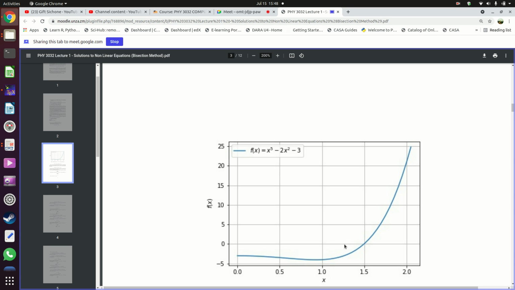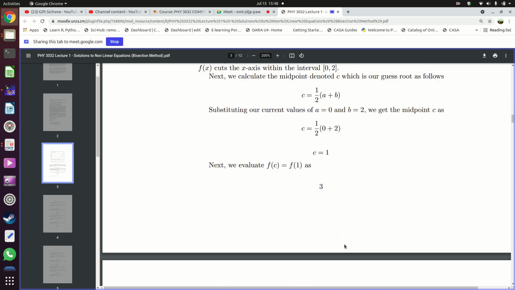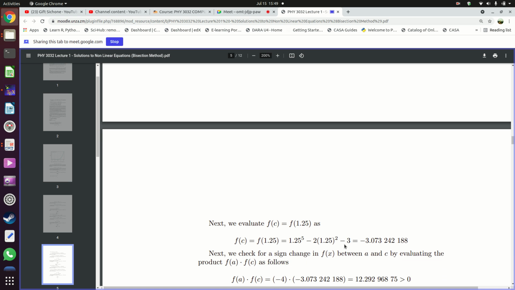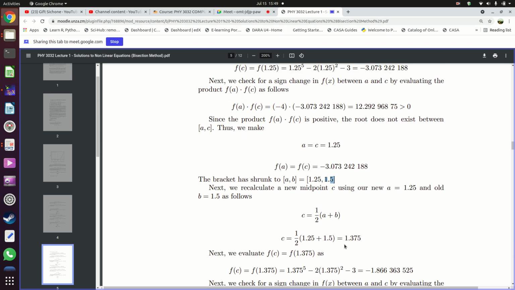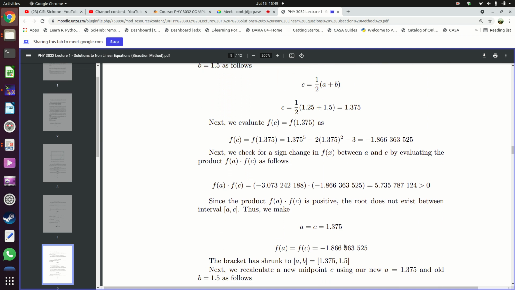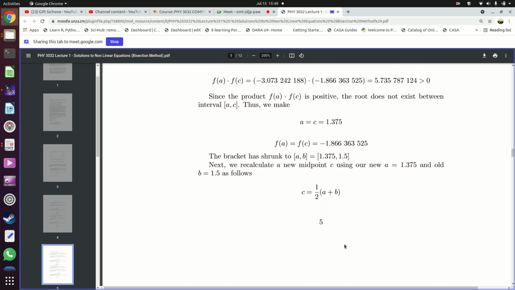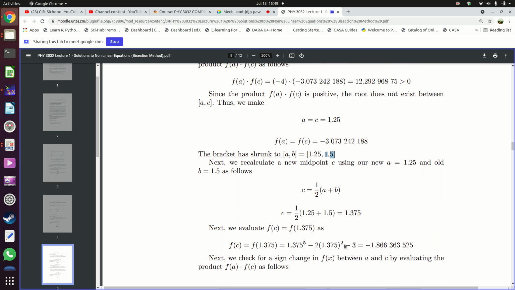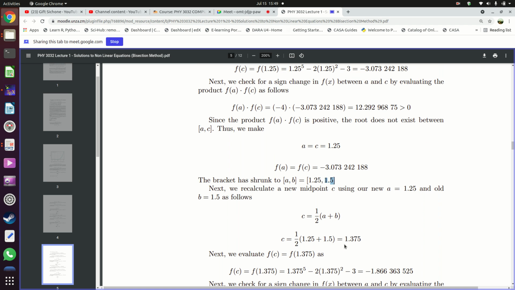So it's becoming smaller and smaller compared to where we started from. Is that clear? Are we clear? Any questions?